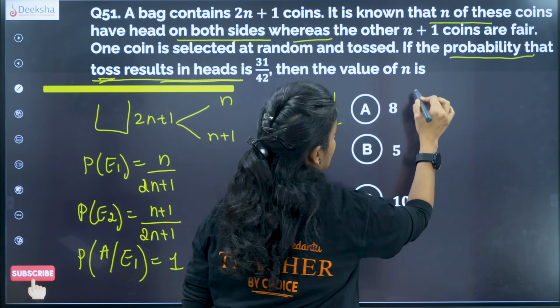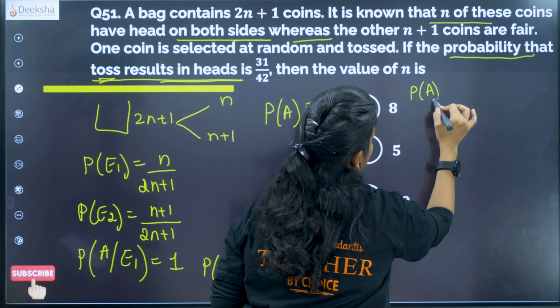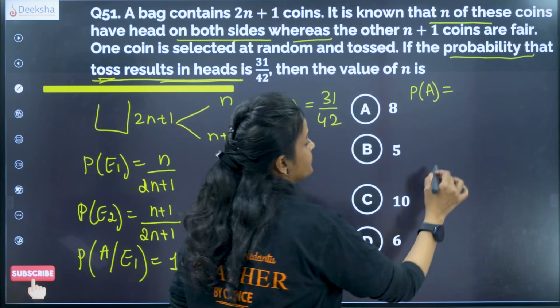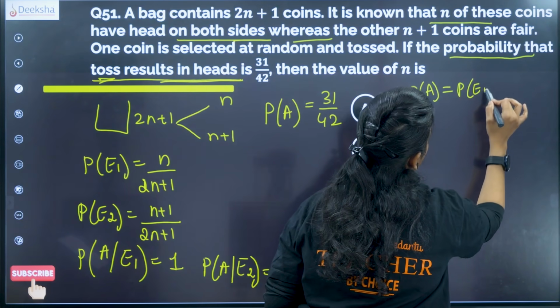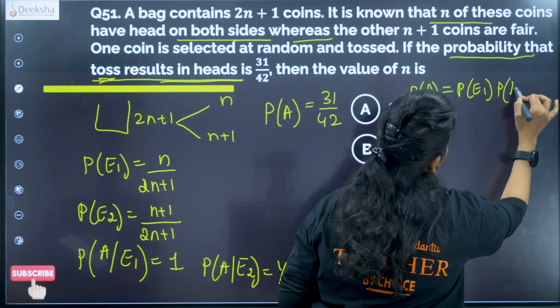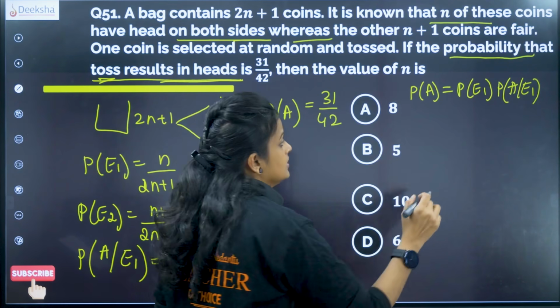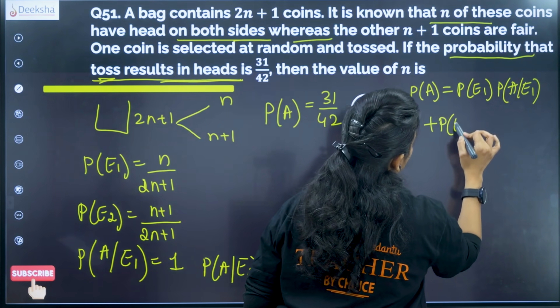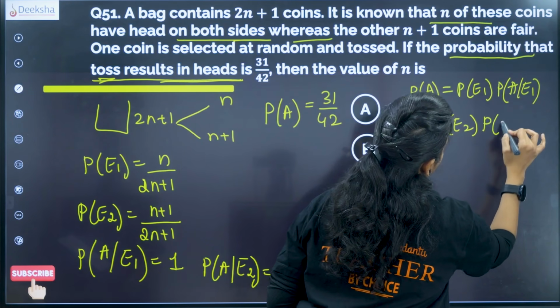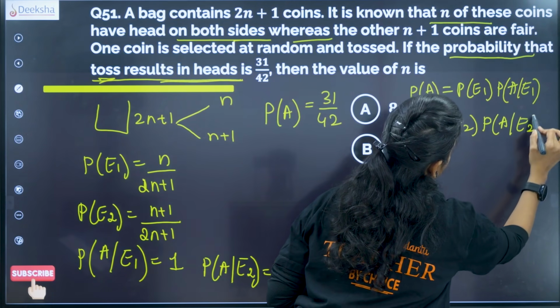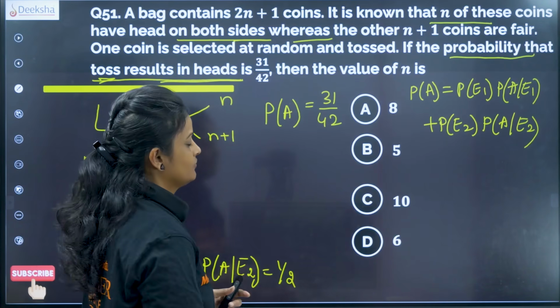Now take the formula. P of A is equal to P of E1 times P of A given that E1 has occurred, plus P of E2 times P of A keeping that E2 event is given. So this is what we have to do.